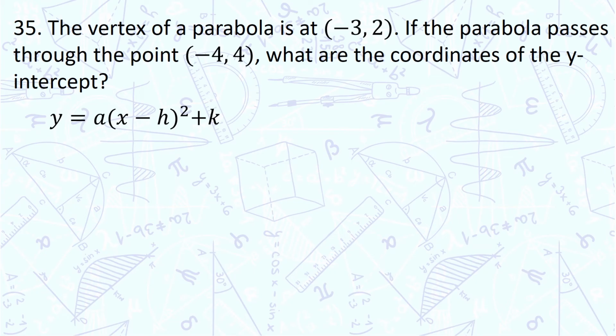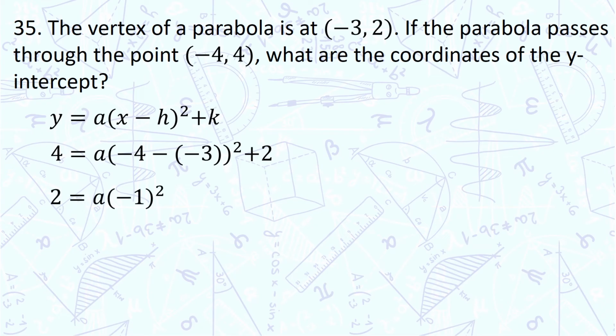4 is equal to a times the quantity negative 4 minus negative 3 squared plus 2. Then we have 4 minus 2 is 2. And negative 4 minus negative 3 is negative 1. So we have a is equal to 2.